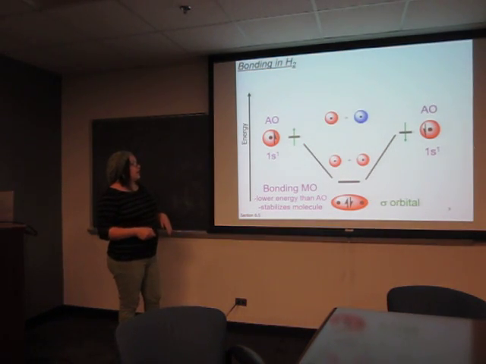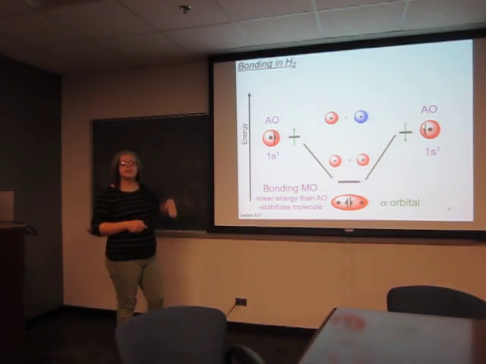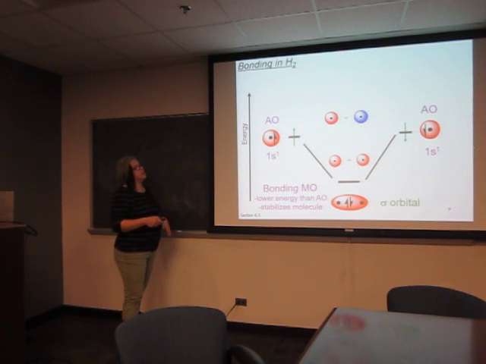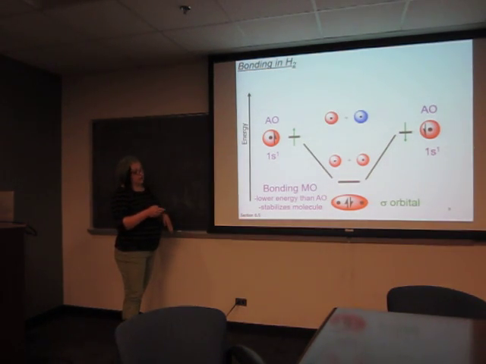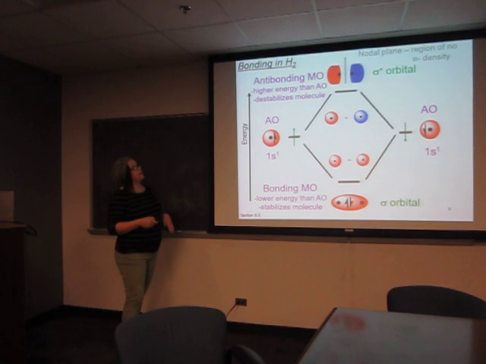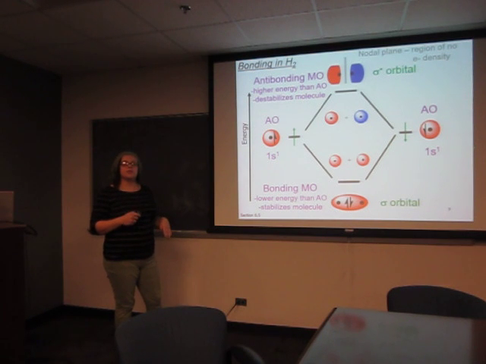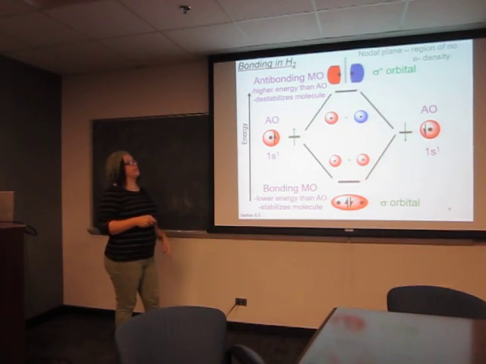Whenever we form a bonding molecular orbital, remember that we're going to form the anti-bonding orbital if we have the two atomic orbitals out of phase with each other. And so we can look at our anti-bonding orbital here. Our region here in the center is out of phase, so it's going to subtract and be destructive interference.